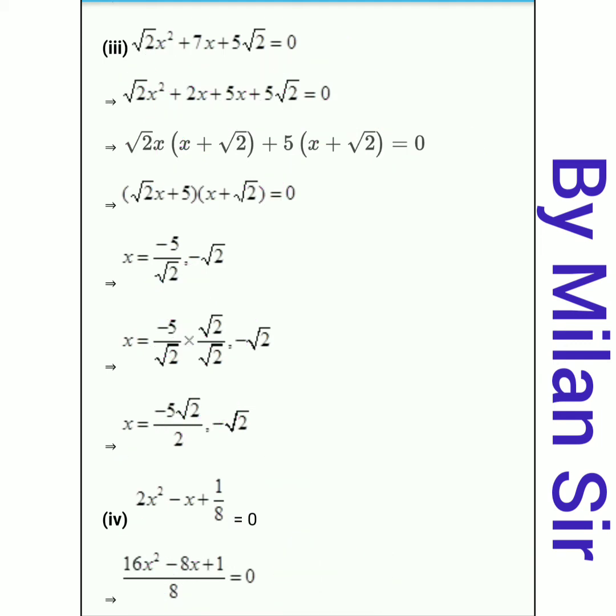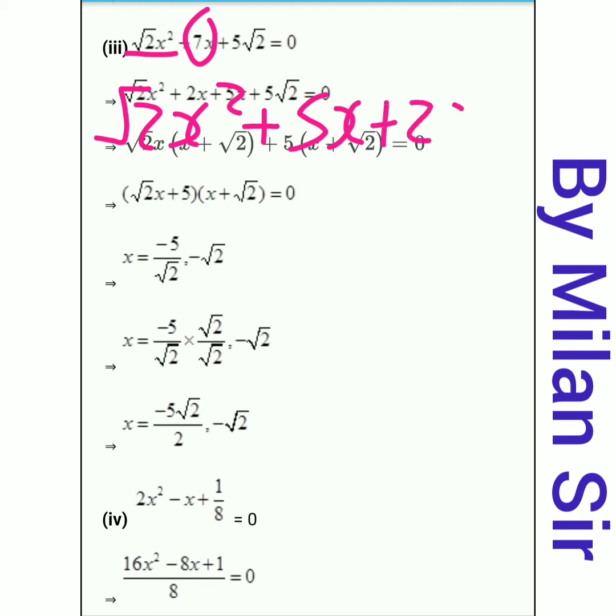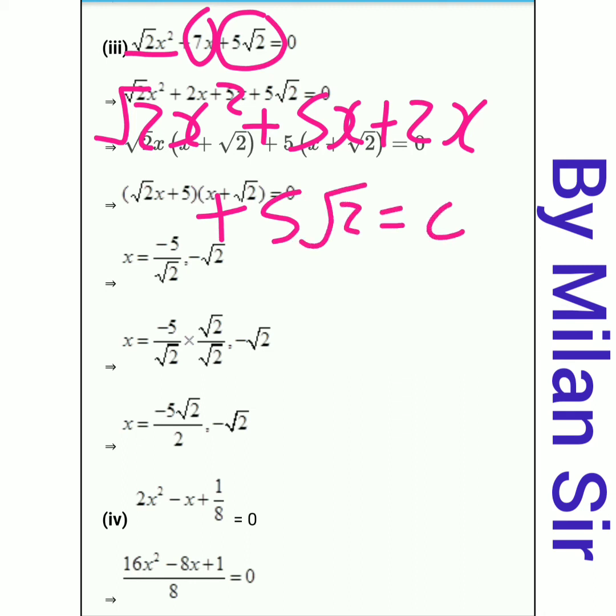Now here under root 2x square, our first term remains as it is. In place of 7x, that means the middle term, we need to write our two factors, so 5x plus 2x, and our last term as it is, 5 under root 2 is equal to 0. Now from the first two terms we can take x as common, right?